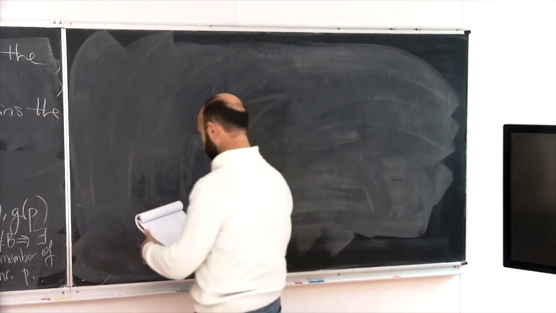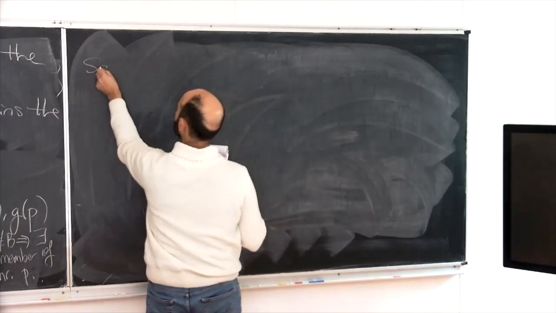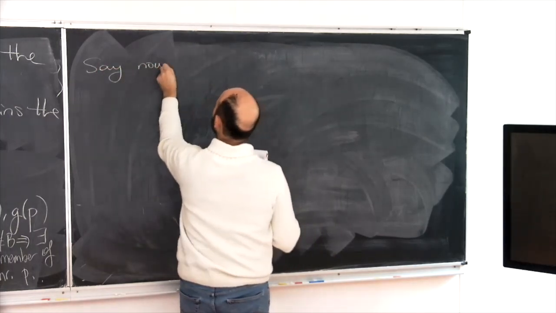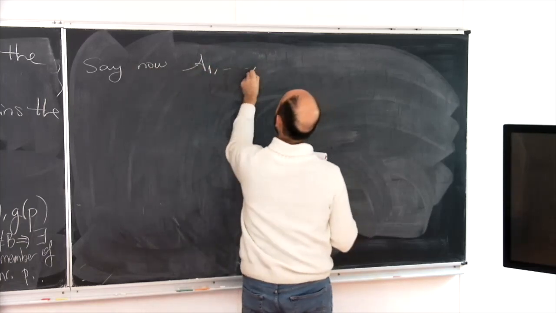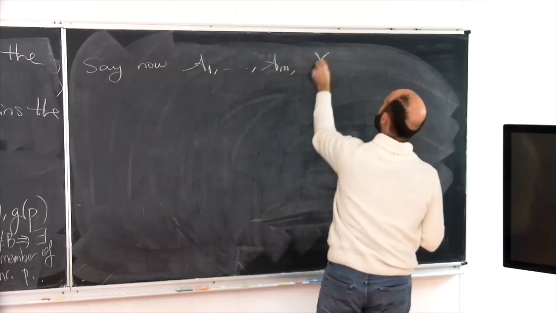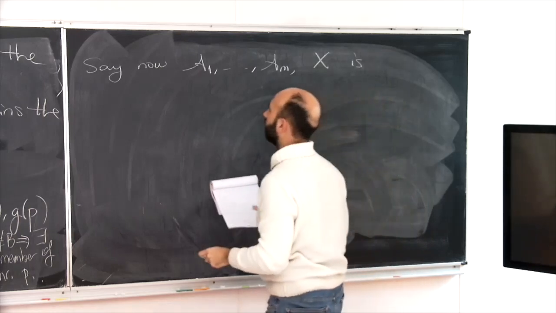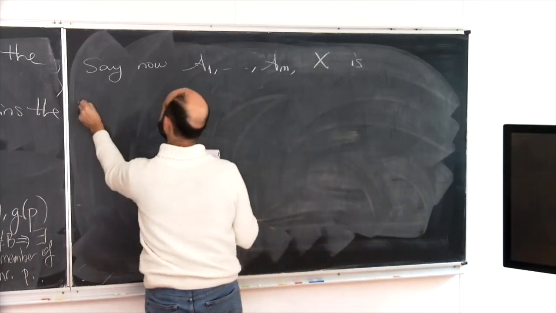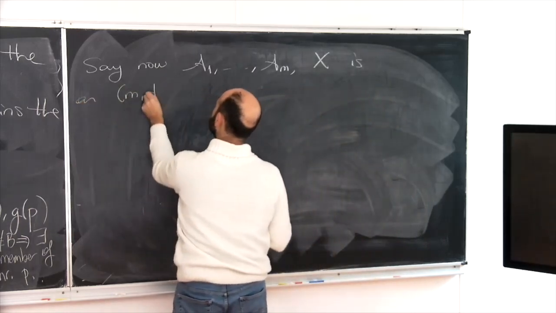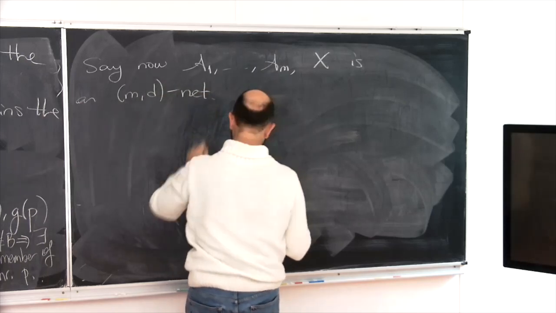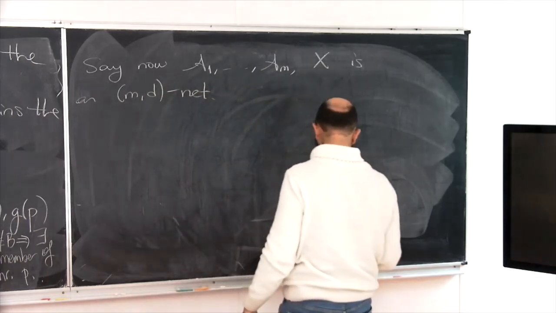Okay, say now A1 up to AM, and also the points at X is some MD net.